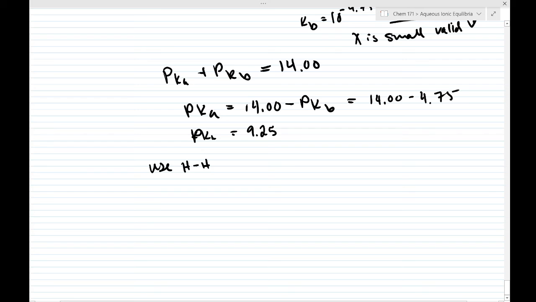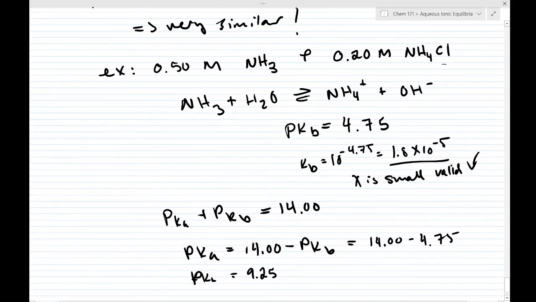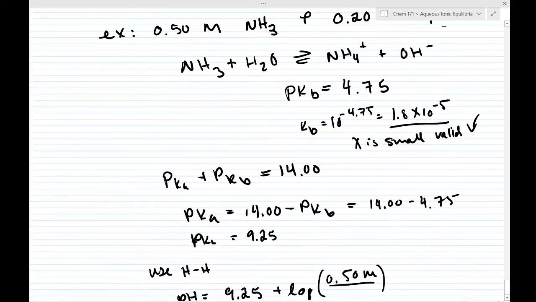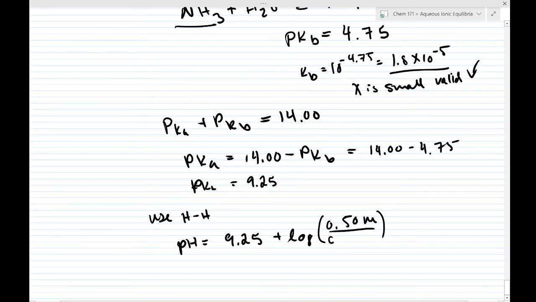This is the pH of the pure buffer, by the way. pH is equal to pKa, 9.25, plus log of the initial concentrations of A minus, the base, which in this case would be 0.50 molar, over the acid, 0.20 molar, and we end up with a pH equal to 9.65.